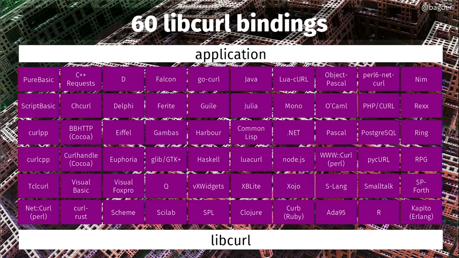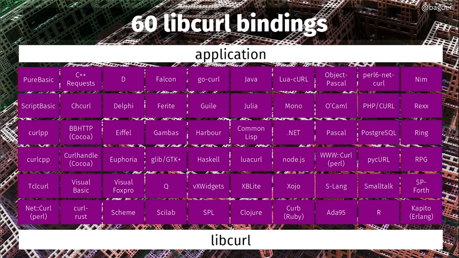Most mortals can't even think about 60 programming language environments, but all of these are accessing libcurl, which helps deployment, right? People adopt it, and you can write it in whichever of these languages, and libcurl will power your internet transfers.